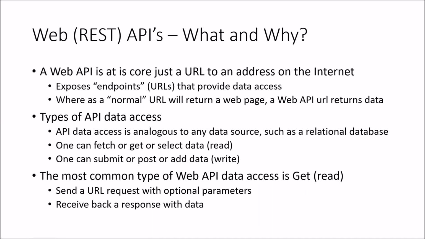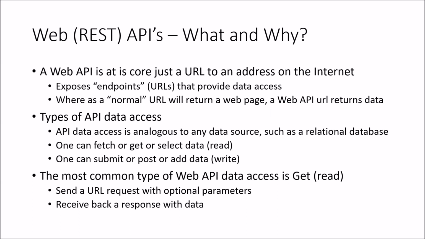First of all, I'd like to quickly talk about, at a high level, what an API is. They're also called REST APIs or web APIs. REST is sort of a specification for how an API should respond to requests. But in general, a web API is just, at its core, a URL.